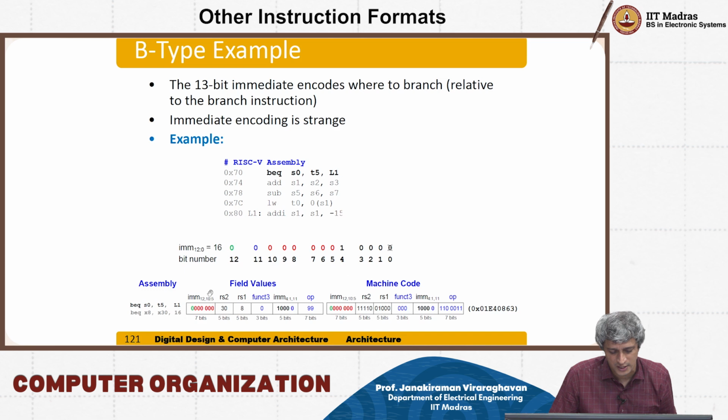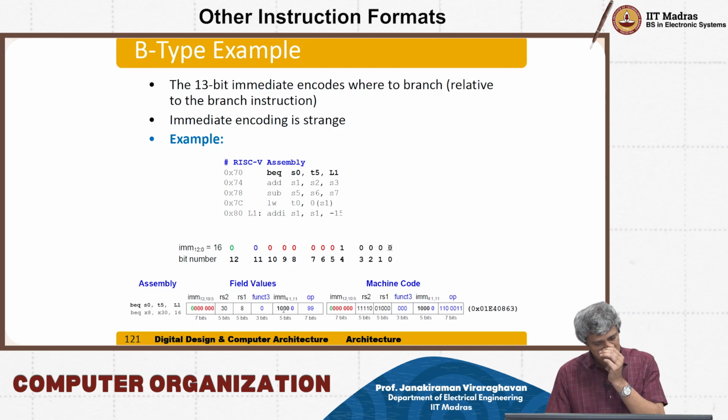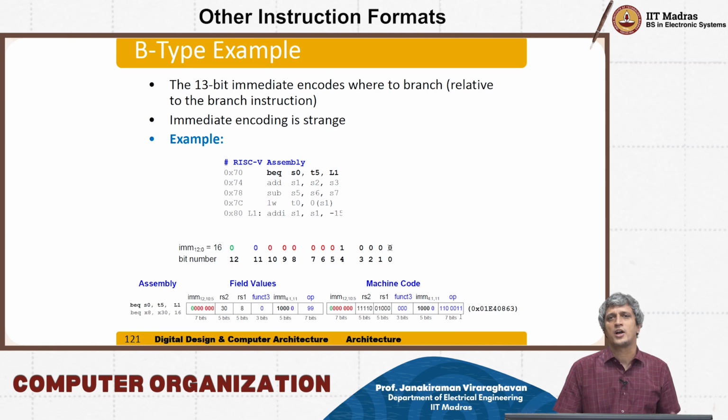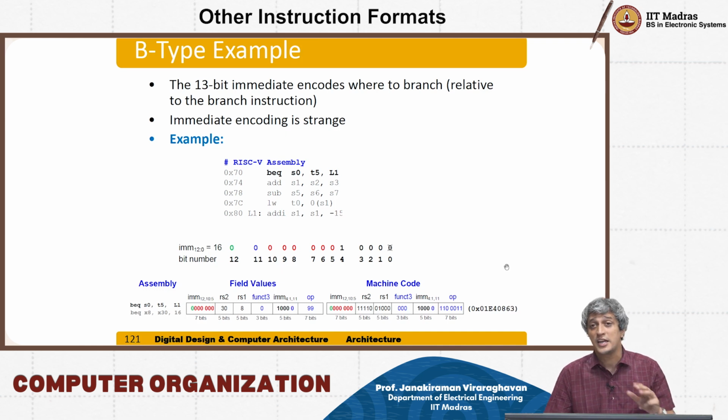The blue 0 is sitting in this place, the red zeros are all encoded in these 6 bits as shown here, and then the immediate 4 to 1 is basically 1-0-0. The corresponding machine code is also encoded by chunking 4 bits at a time. So this is how you get a 13-bit offset.